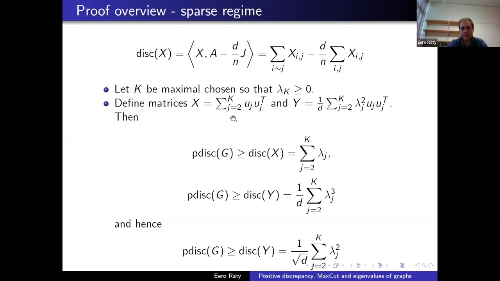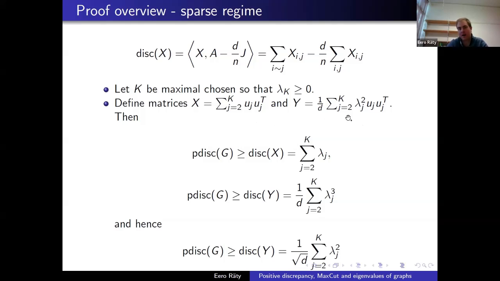So this is greater than 0, but less than I, under the ordering that a is less than b if and only if b minus a is positive semidefinite. So hence we get the appropriate bound for the diagonal entries.